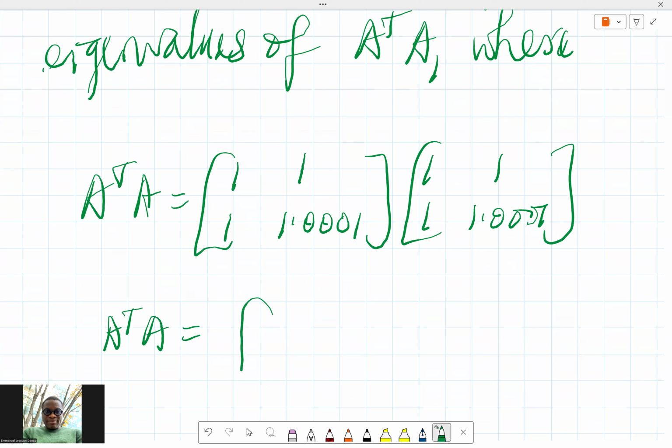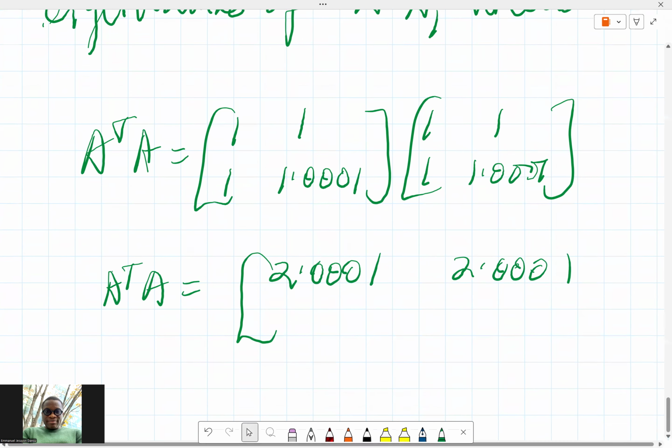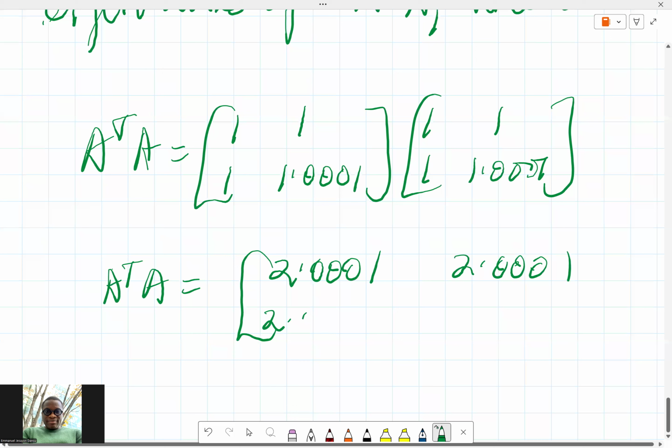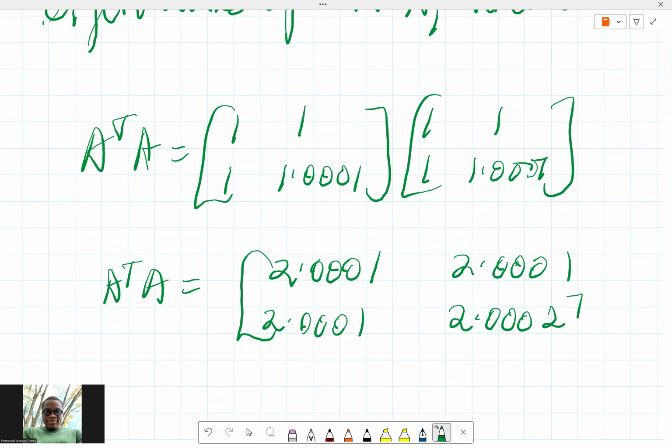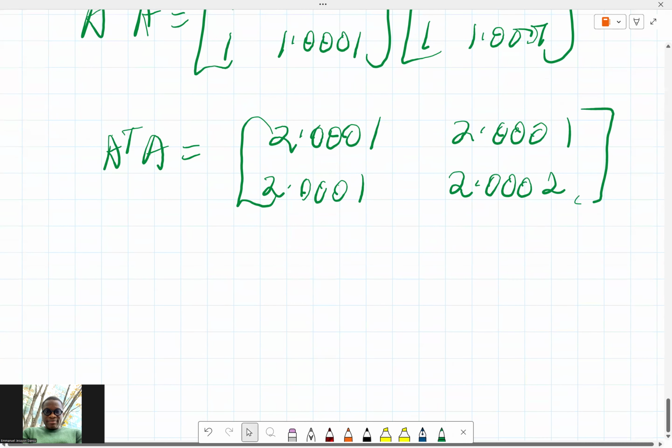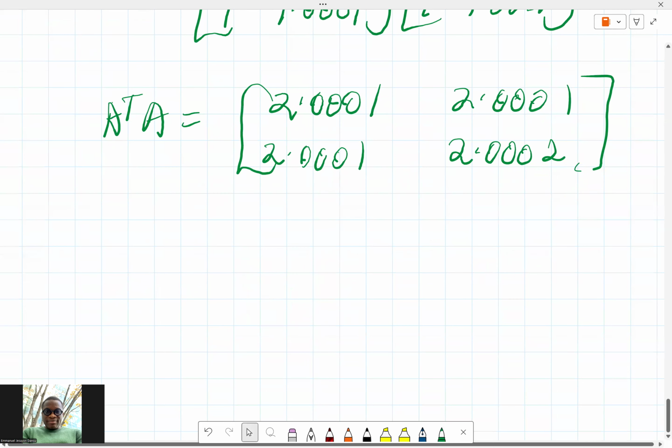A transpose A is something like 2, 2.0001 in the first row and 2.0001, 2.0002 in the second row. That's an approximation actually, because it's longer than that if you check it out. So that's roughly what we have now.